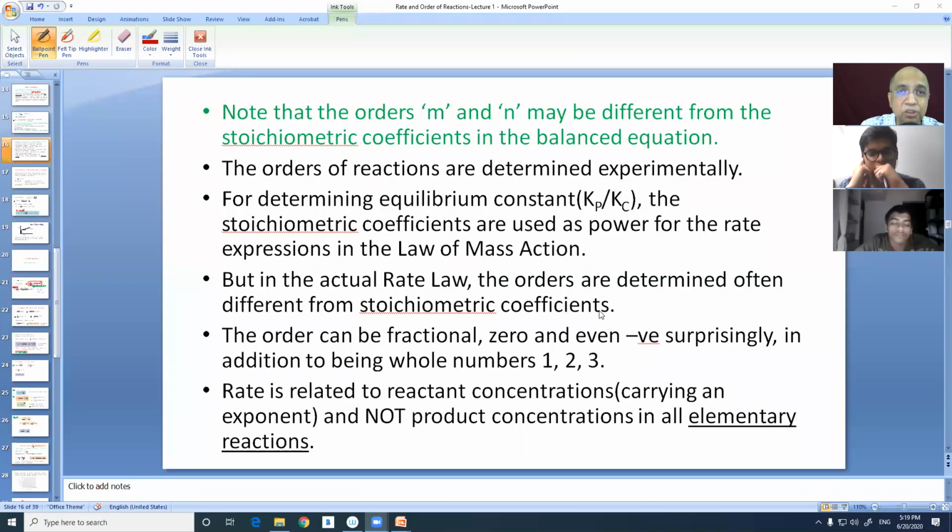I'll tell you how the order is determined after a bit. The rate is related to reactant concentrations only, not the product concentration, for elementary reactions. For simple reactions, we only take the reactant concentration to find the order. What is order? The power of the reactant concentration is the order, right?